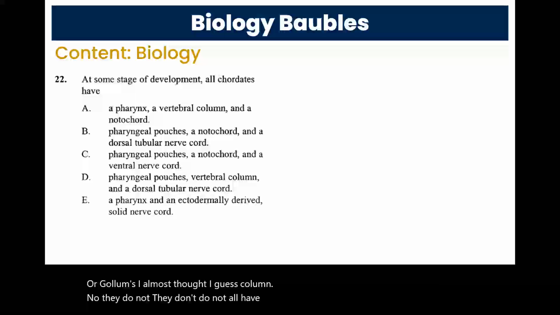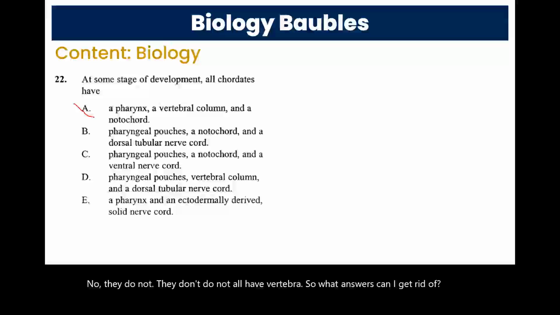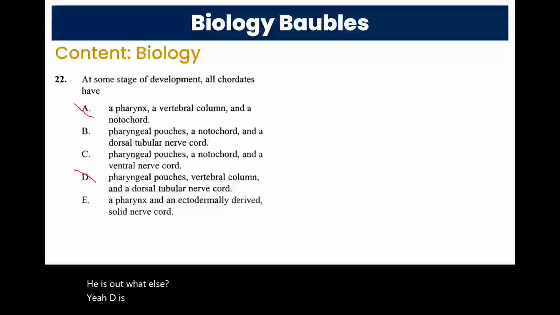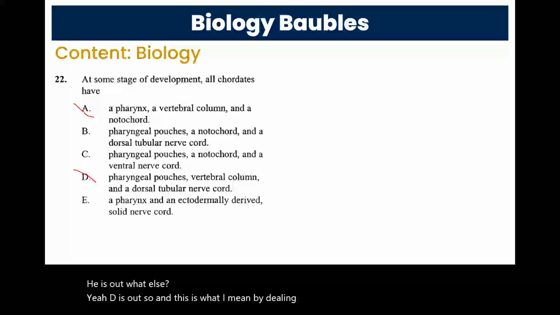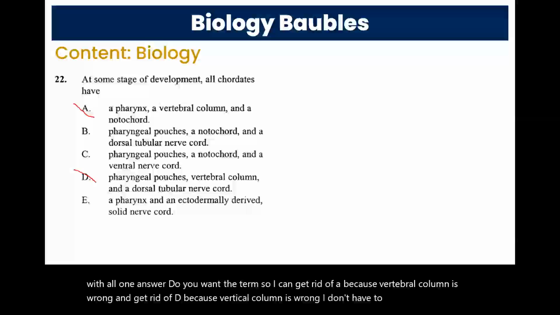So what answers can I get rid of? A is out. What else? Yeah, D is out. And this is what I mean by dealing with the terms one at a time. Don't deal with all one answer, deal with the terms. So I can get rid of A because vertebral column is wrong and get rid of D because vertebral column is wrong. I don't have to verify all of the things in there, just each of the terms.